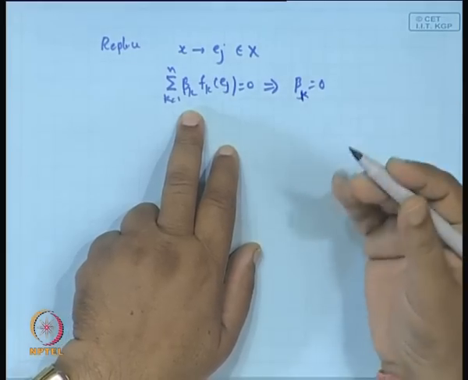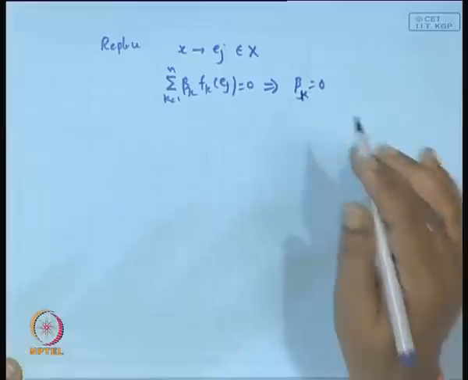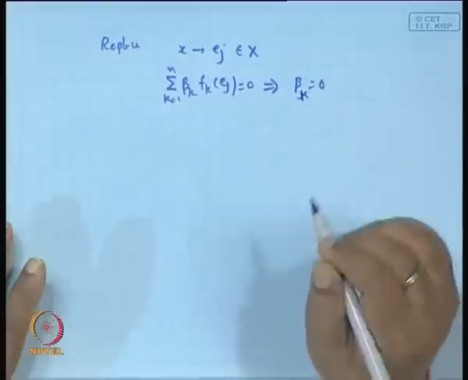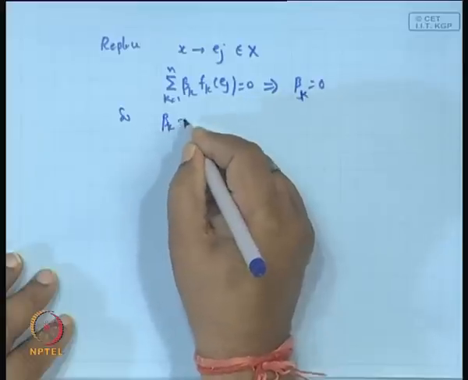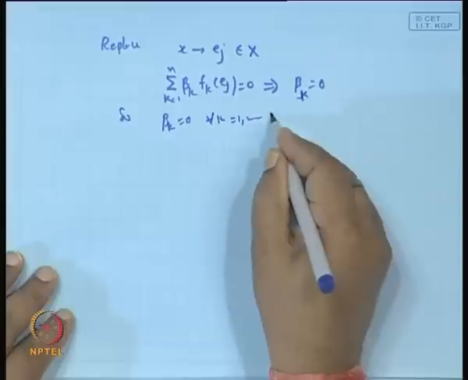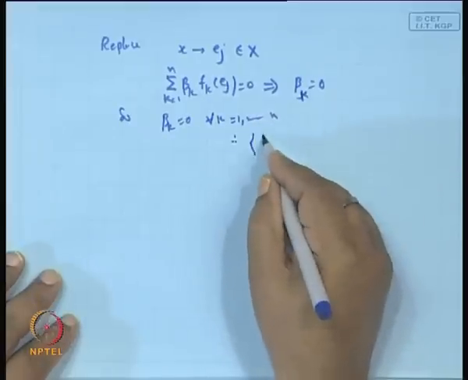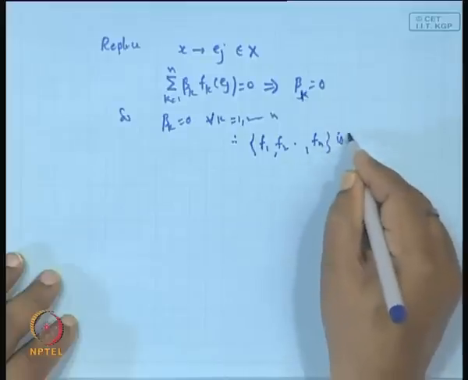Otherwise it is 0. So, we say all beta k will be 0 for all k, 1 to n. Therefore, this set f 1, f 2, f n is linearly independent.